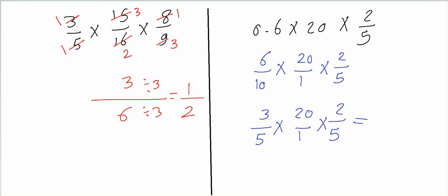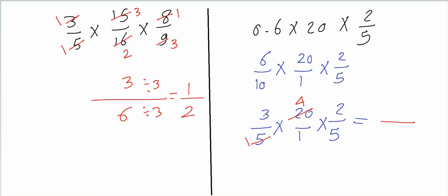Let's start with 2 and 2. There is no common factor, and 2 over 5 is in the simplest form. But what about 20 and 5? 5 divided by 5 is 1, 20 divided by 5 equals 4.